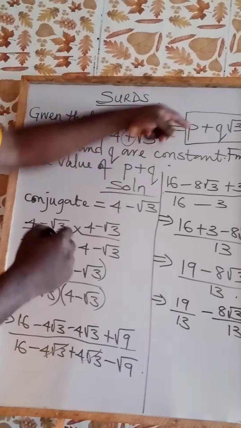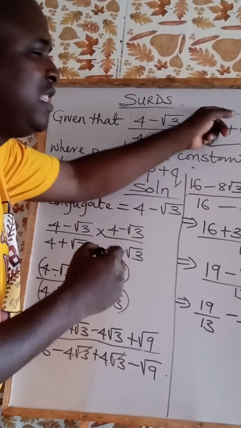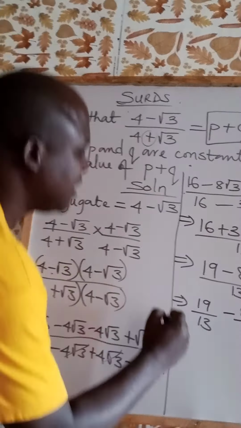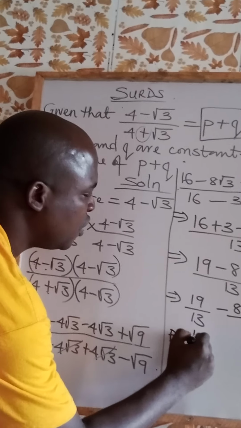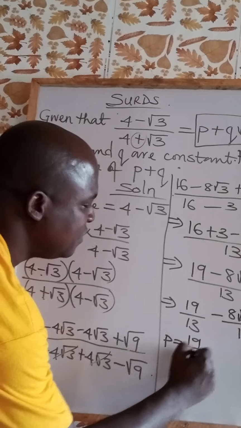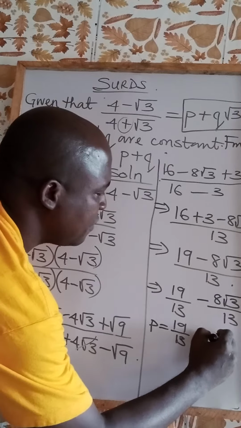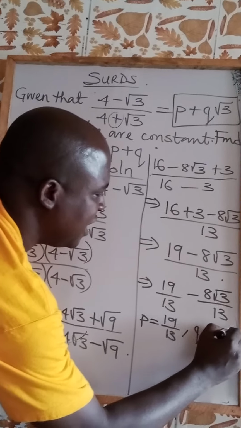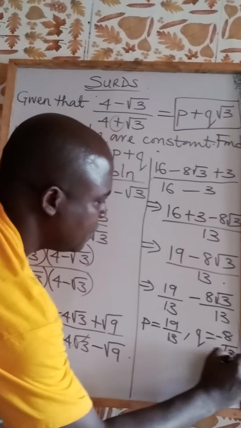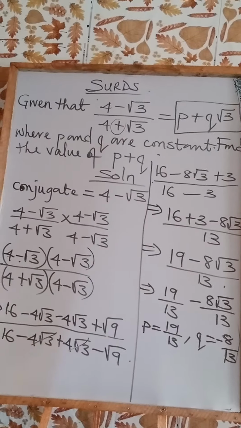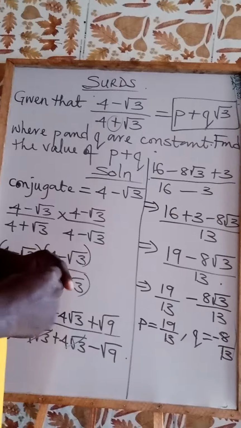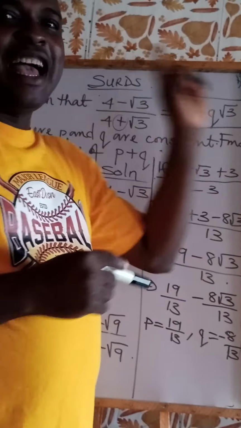When you compare the two, you will notice that our P is equal to 19 all over 13, while our Q is negative 8 all over 13.